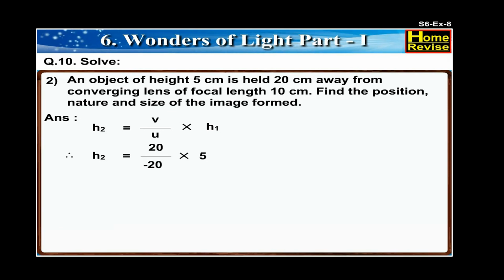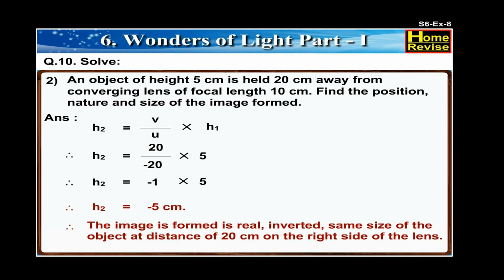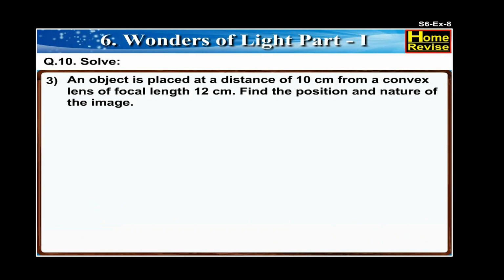Further, H2 is equal to minus 1 into 5. Therefore, H2 is equal to minus 5 centimeters. Therefore, the image formed is real, inverted, same size of the object, at distance of 20 centimeters on the right side of the lens.